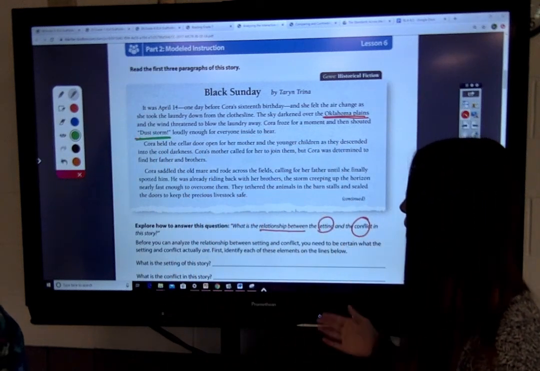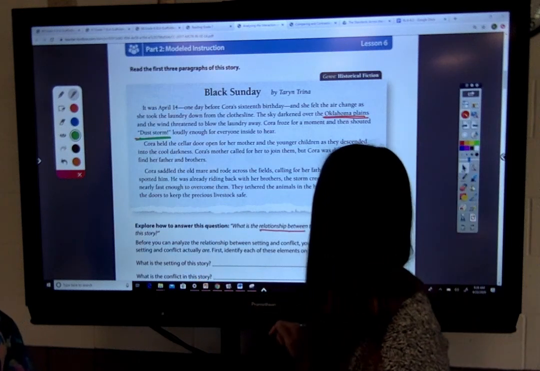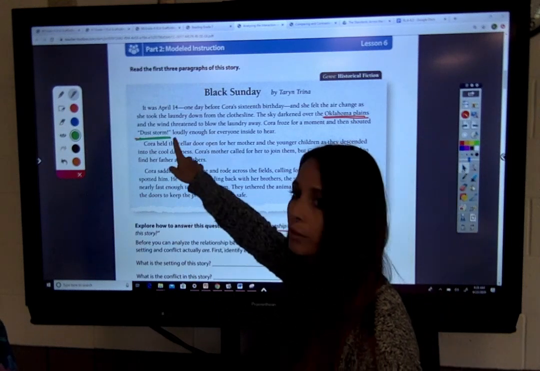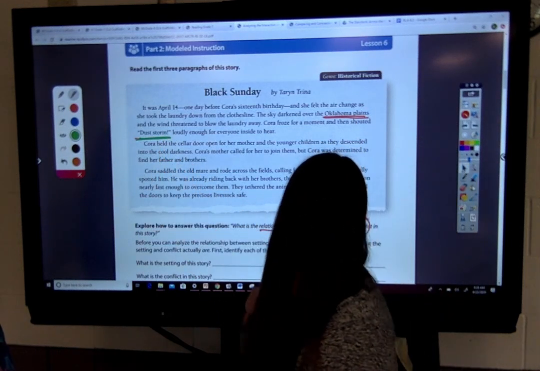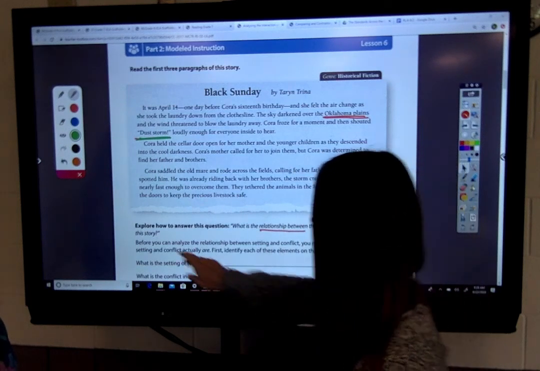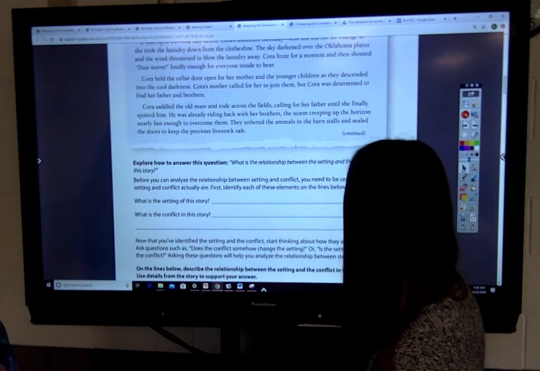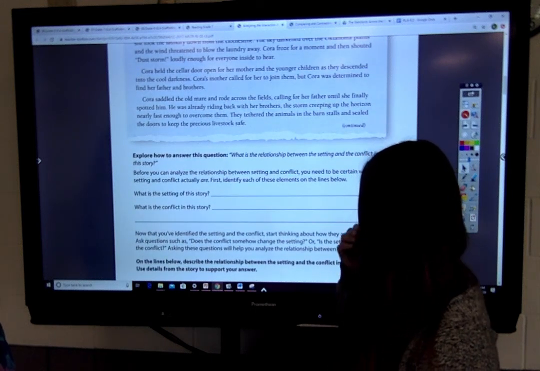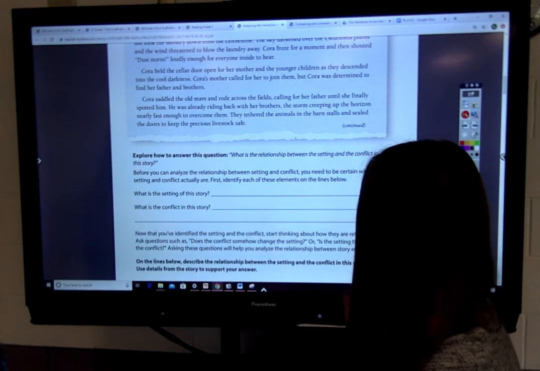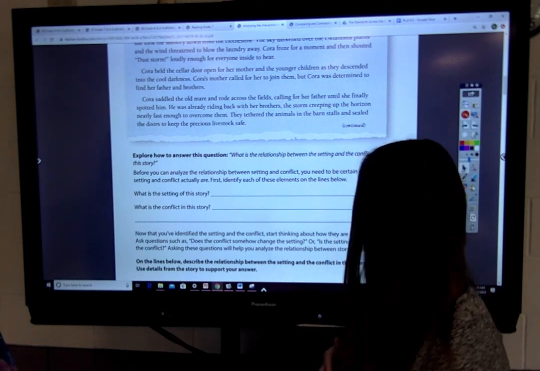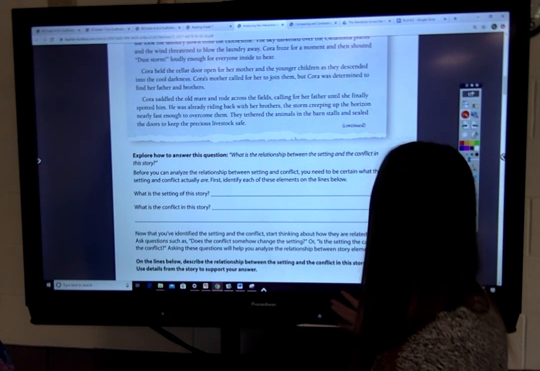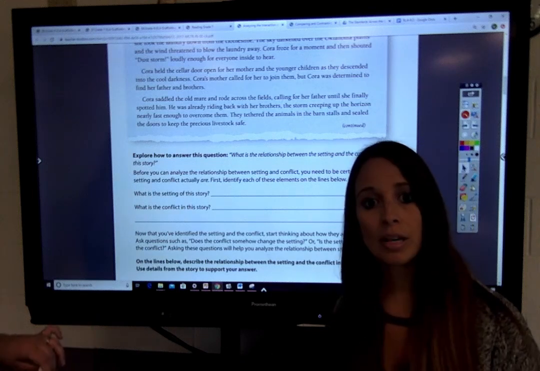Now that we know the setting is the Oklahoma plains and the conflict is that there's a dust storm approaching where they're at, let's continue and look down. Now we've got to look at the connection here. The question says, what is the relationship between these? Does the conflict change the setting? What kind of connection can we have here?